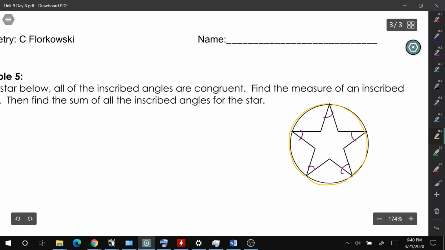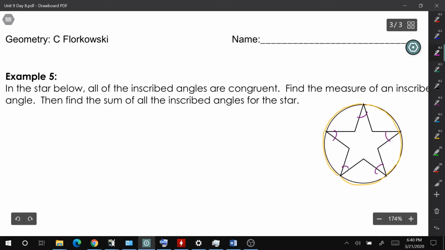And we have 5 equal arcs, and the whole circle adds up to 360. So the measure of one arc is 360 divided by 5, which is 72 degrees.